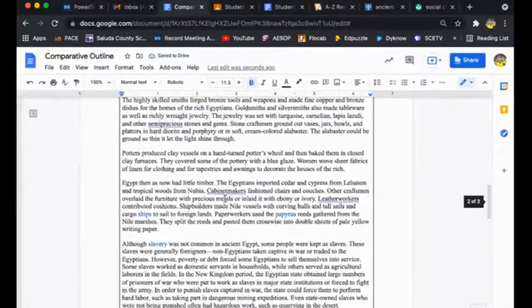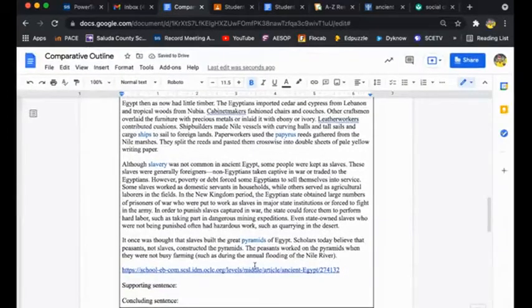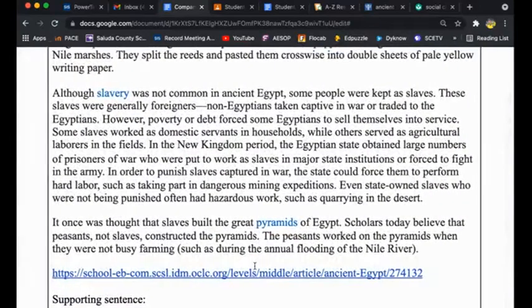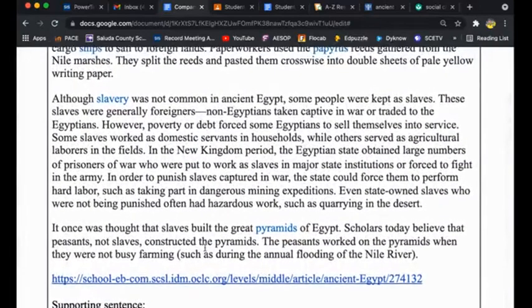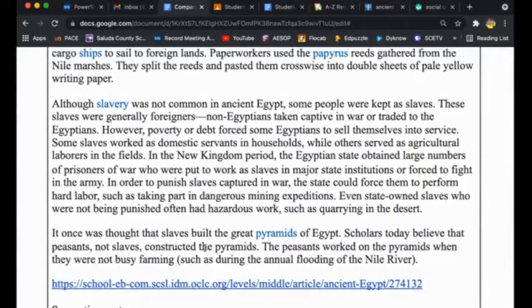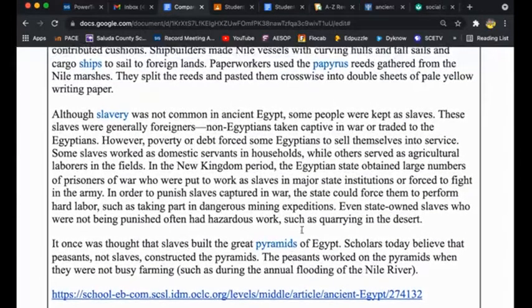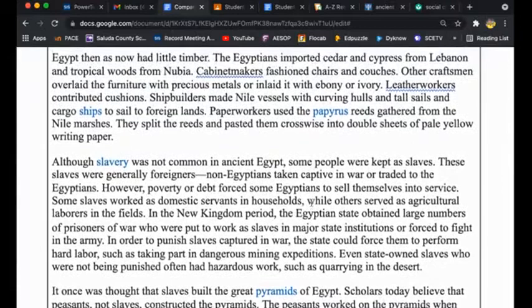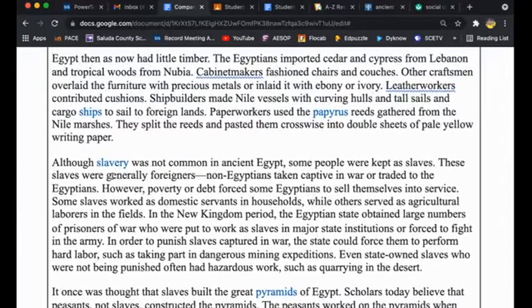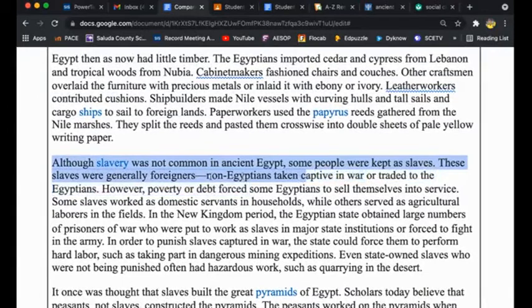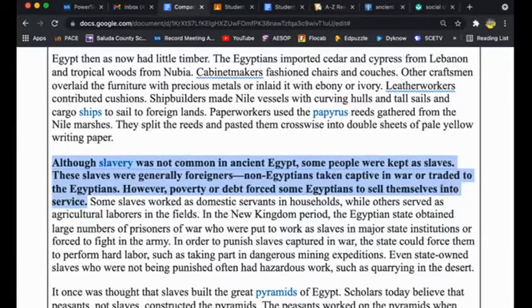While they said the slaves here, where was it? That they were captured. I saw it somewhere. There it was. However, poverty or debt forced some Egyptians to sell themselves into service. So see, it was pretty similar.